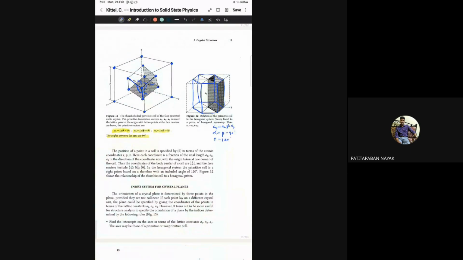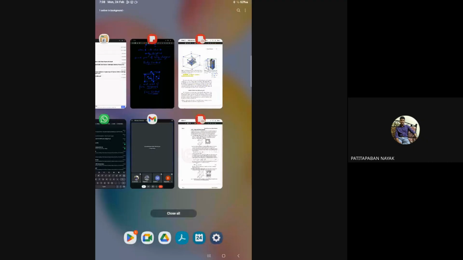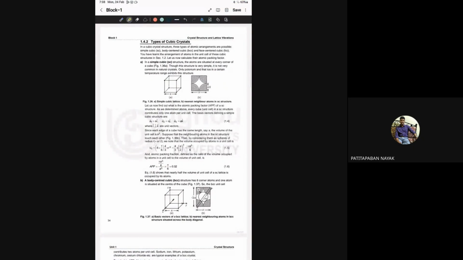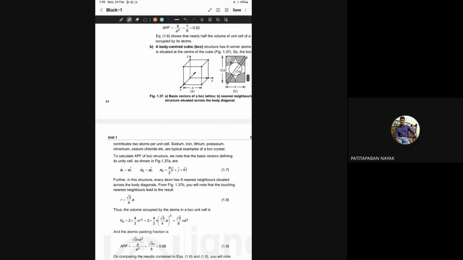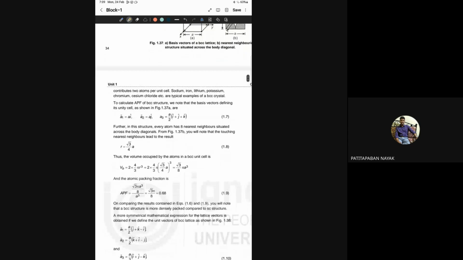Let me come back to your study material. Here, it is telling simple cubic: A1 is equal to A, A2 is equal to A, A3 is equal to A. Whereas in body centered, it will be like this, or you can take that combination.